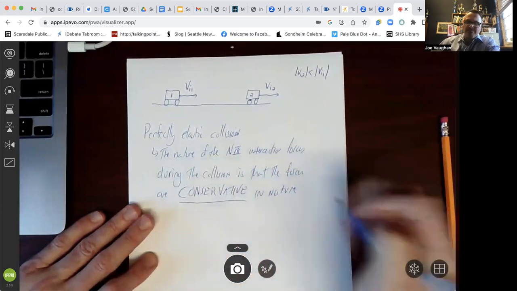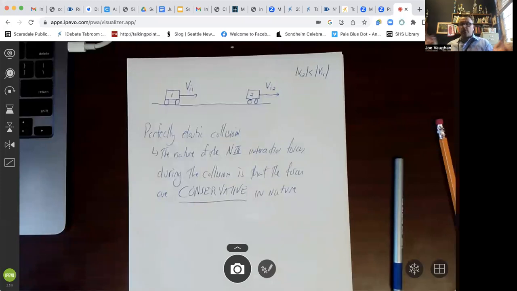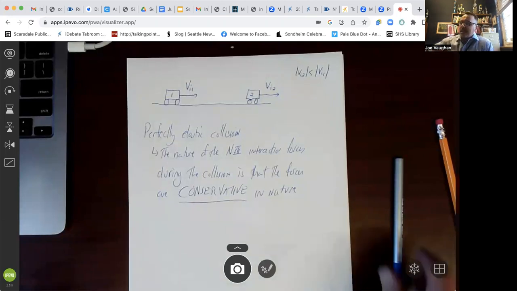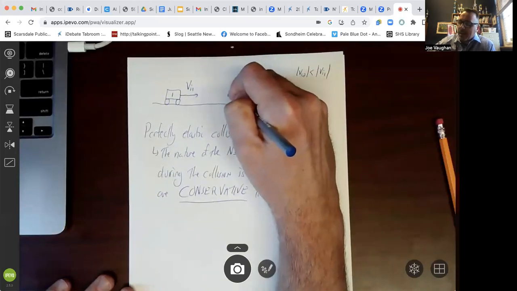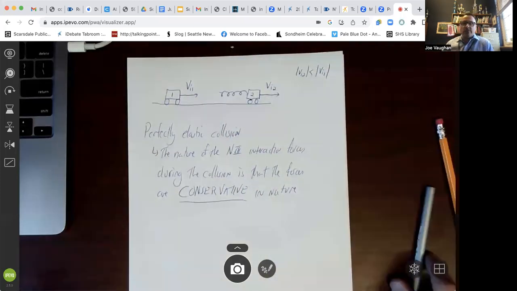So normally when two things collide, like two cars collide, the interaction forces of car one on two and two on one are going to be non-conservative. They're normal forces. But let's say instead I have a perfect Hooke's law spring attached to object two, so that the spring is going to compress and then stretch out again, and we have conservative forces.